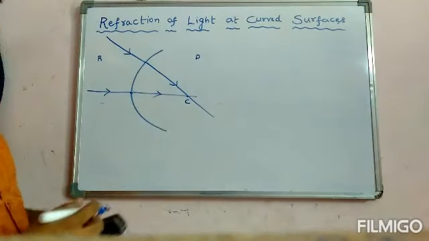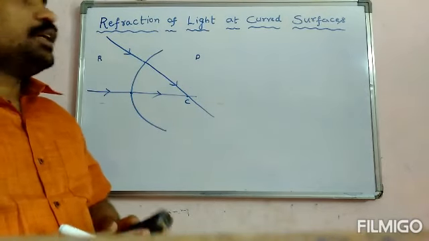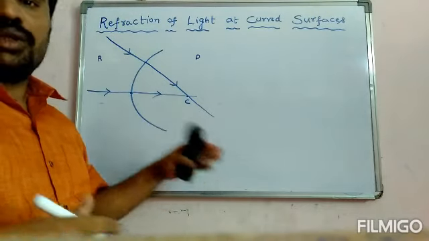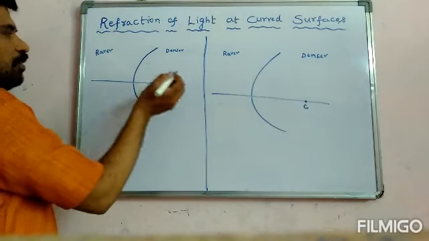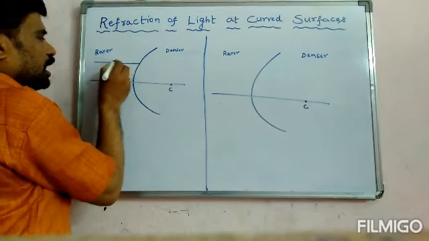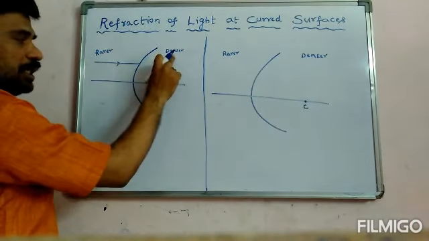Now let us see how a light ray will deviate when it is traveling from rarer to denser or from denser to rarer. First, a light ray traveling parallel to the principal axis from rarer to denser medium.